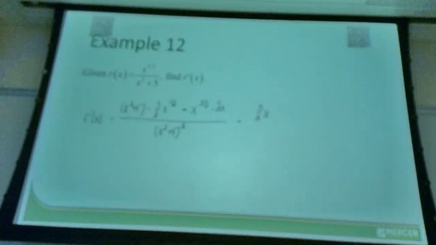That's 3/2 x to the 5/2 plus 15/2 x to the half minus 2x squared.